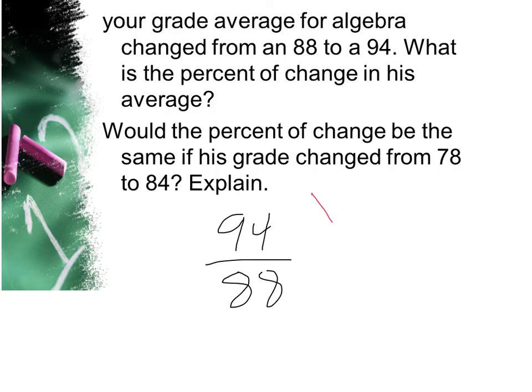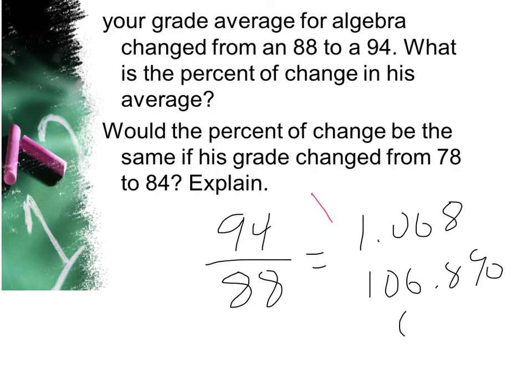So you have 94 divided by 88, which gets you 1.068, but then you multiply that by 100, and you have 106.8%. But the change is not 106.8%. It is just the 6.8% change. Okay?